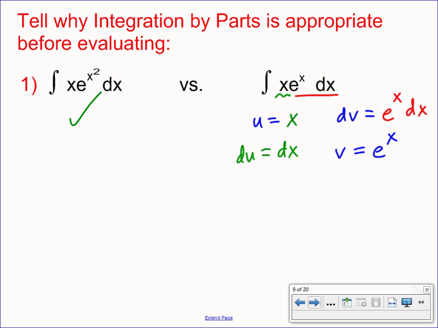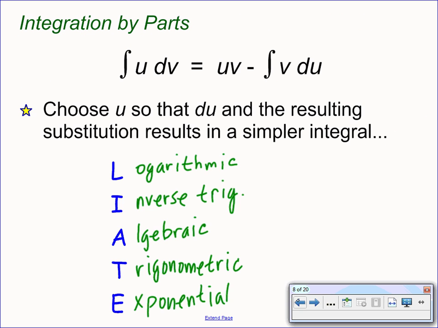So we've broken up our original product integrand into u dv. I've used my definitions for u and dv to generate the other pieces of my formula, du and v, and now I'm just going to plug into my formula. The integral of u dv is given by uv minus the integral of v du.